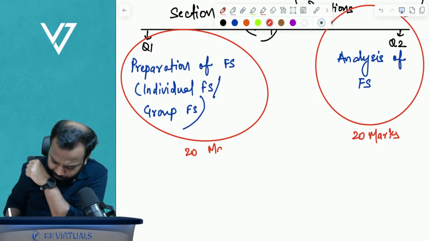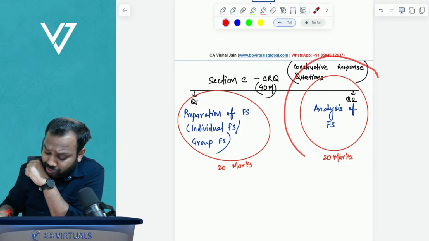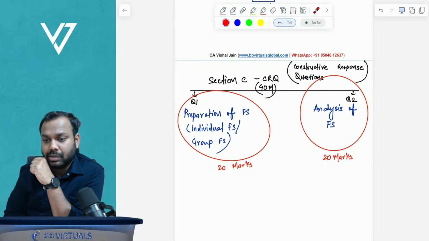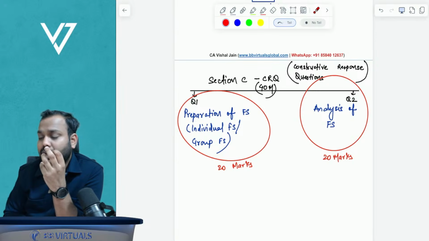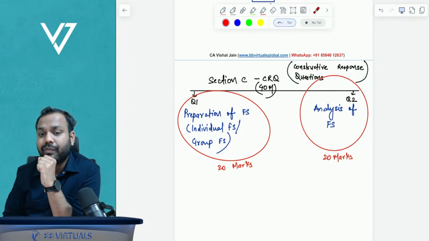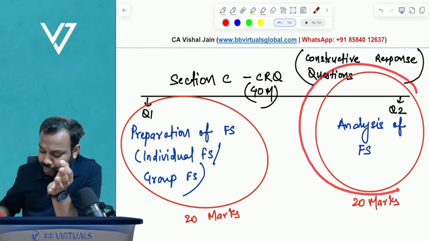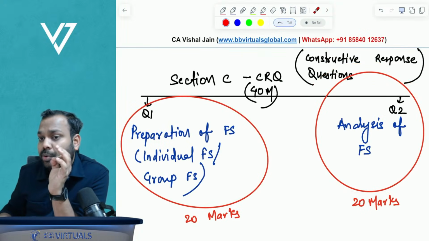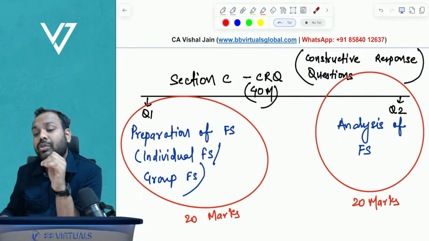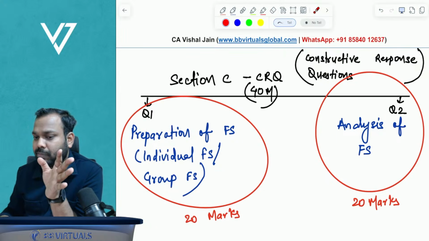Can you leave a 20 marker question? No, you can't. And I'll tell you, this is the only chapter which requires the least amount of effort and will give you the most amount of marks. Trust me.